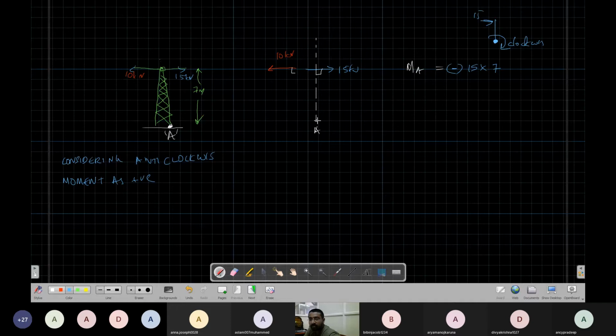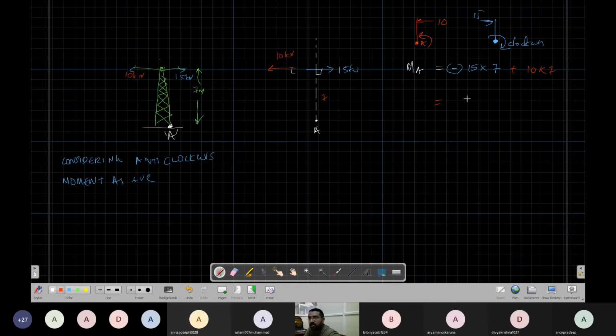Now, for the same A, there is another force acting. This is 10 kilonewton. If I assume a rod like this pinned here, this is the point A, and this force is pushing it like this. So it is actually anti-clockwise. So it is plus 10 times the height, which is 7 meters.